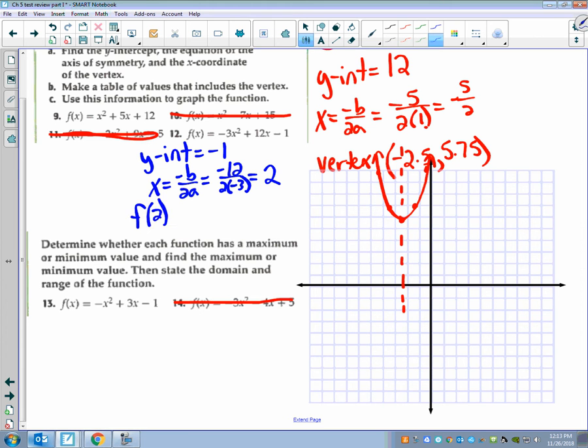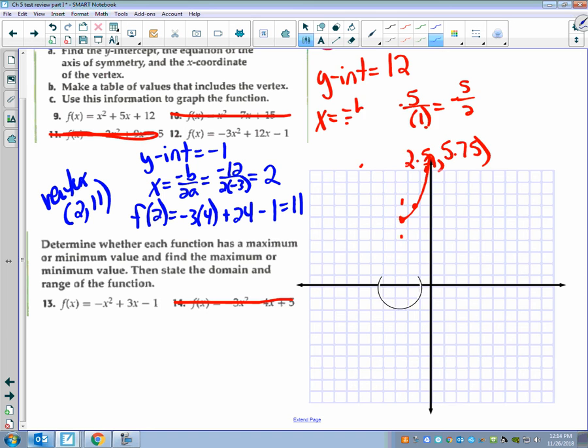So when I plug that back into the problem, that would give me -3 times 4 plus 24 minus 1. -12 plus 24 is 12, minus 1 is 11. So I think my vertex, if I did that correctly, is 2, 11.